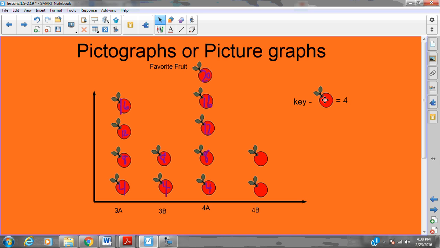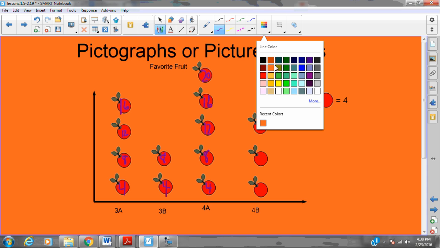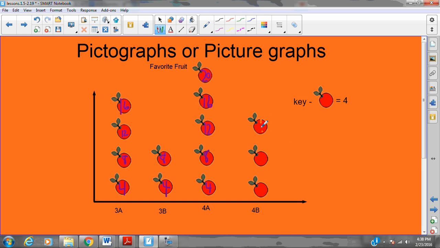So what I'm going to do is I'm going to put an apple here, but I'm actually going to color off, and if you were drawing a picture it would be much easier for you. But right now I'm going to use this to color in half the apple so it looks like it's not even there. Just kind of erase it out. And so now I have half an apple. So if someone was looking at my picture graph, they would be able to count 4, 8.